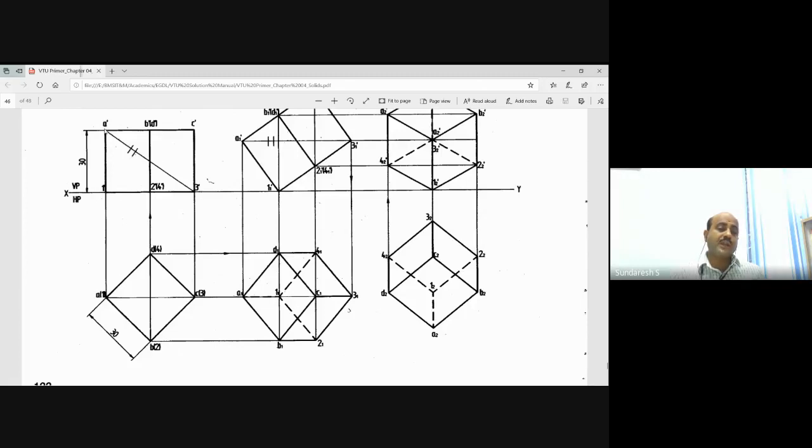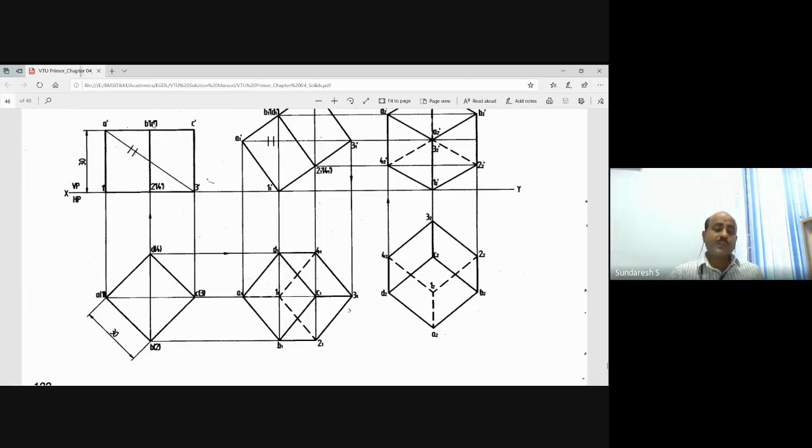That is A dash, B dash, 2 dash, and 1 dash. This is one square face which looks like a rectangle, visible in the front view. Another one is B dash, C dash, 3 dash, and 2 dash. That is another face which is visible in the front.